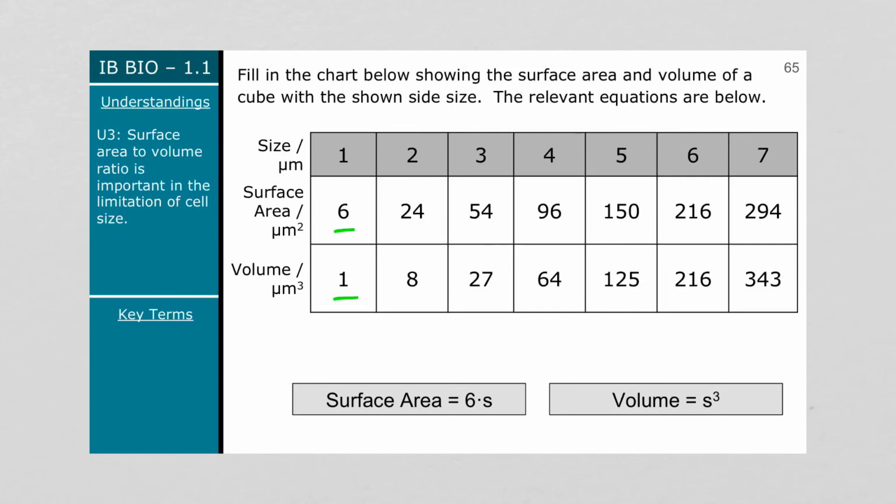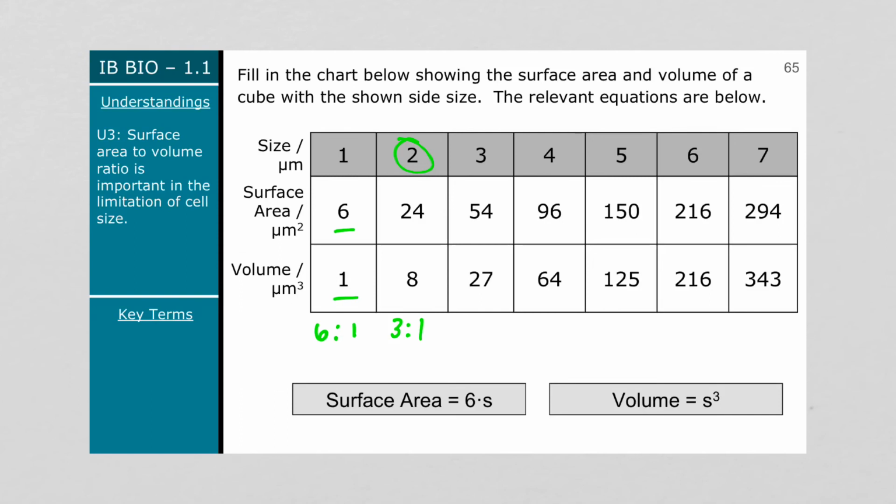But then as it gets bigger, so this is a 6:1 ratio, as it gets larger, as we go to 2 micrometers in length, both the surface area and the volume increase, but not at the same rate. So 24 micrometers squared for the surface area, and 8 micrometers cubed for the volume. That is now a 3:1.